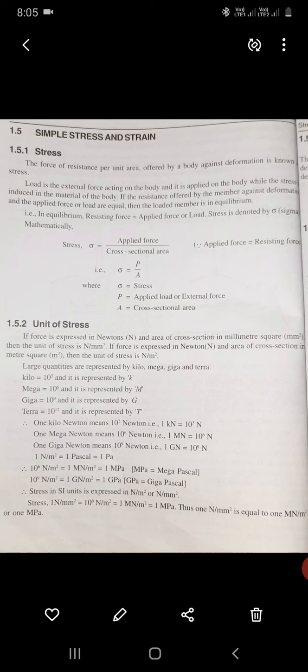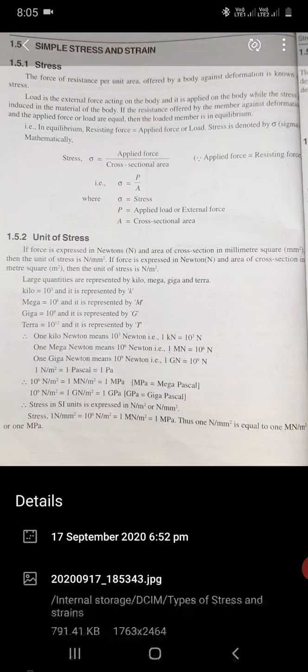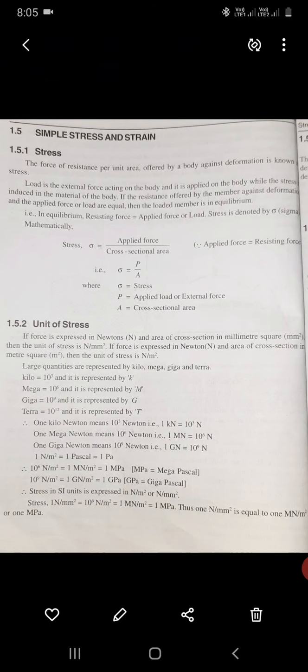Next, how is stress measured, or what is the unit of stress? Force is expressed in newtons, N, and area of cross-section is measured in square millimeters, or sometimes square meters.